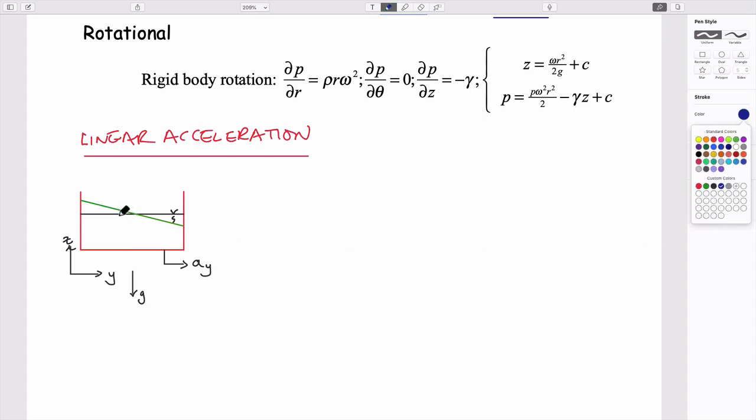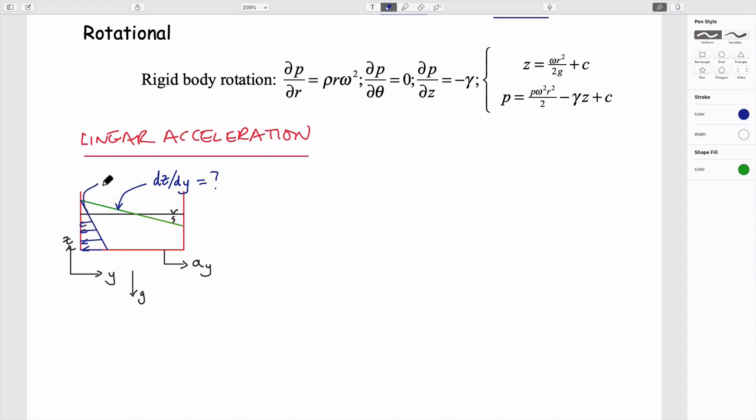One is, what is the elevation change of this surface? And the second might be, what is the fluid pressure distribution that we then have on the back of this container as we look at it? So those are the two things that we'd like to do.